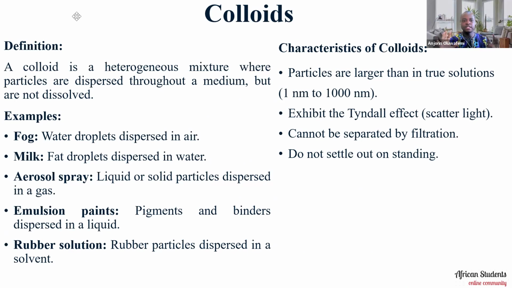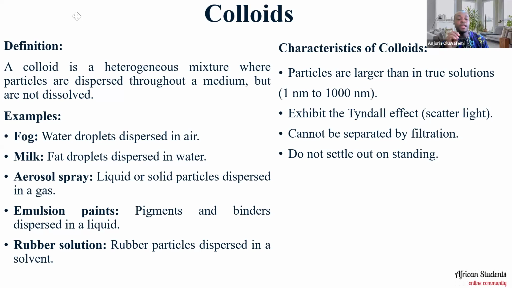Examples of colloids include fog, water droplets dispersed in air; milk, fat droplets dispersed in water; aerosol spray, liquid or solid particles dispersed in a gas; emulsion paints, pigment; and rubber solution, rubber particles dispersed in a solvent. These are examples of colloids.